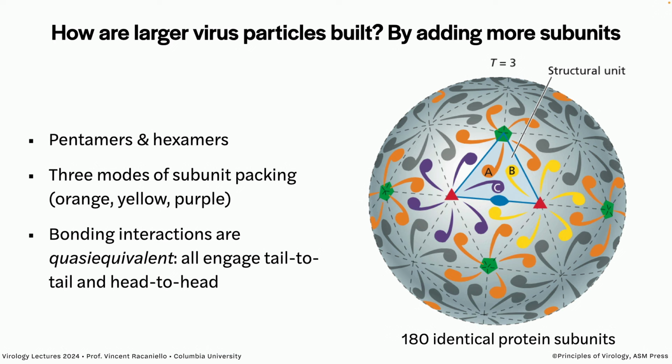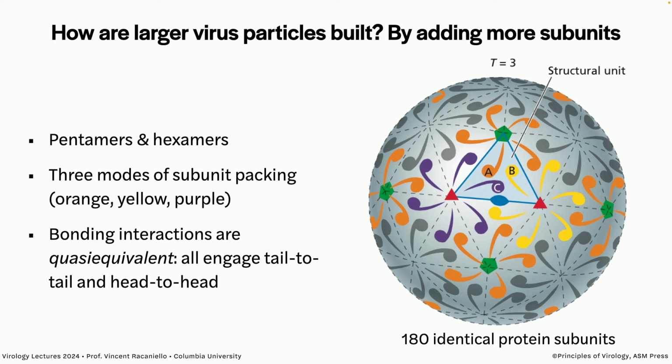So on this particle, the proteins are shown as commas. So each comma is a protein. So here's 1, 2, 3, 4, 5 protein subunits. That's a 5-fold axis of symmetry there, shown in green. But you can see there are also, that's a pentamer, there are also hexamers in purple. 1, 2, 3, 4, 5, 6 protein subunits around a 6-fold axis of symmetry. That's the red triangle there.